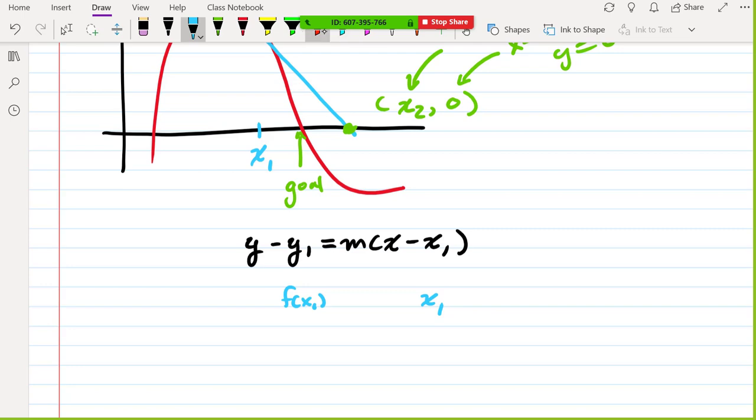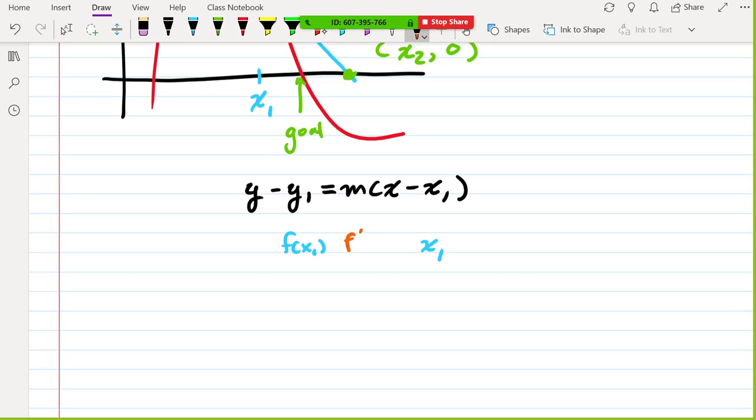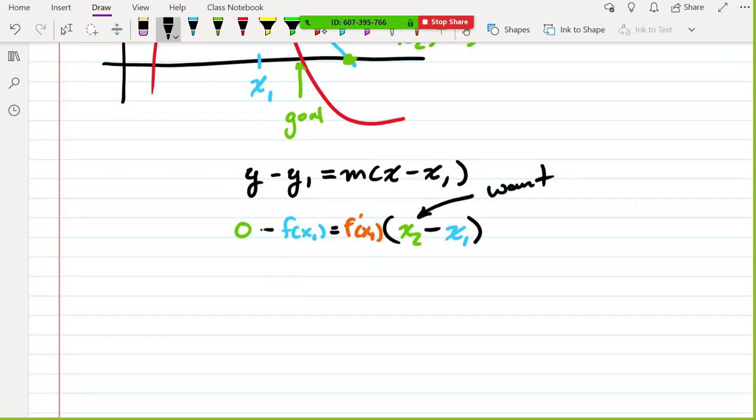We know our slope is going to be f prime, so this is going to be f prime of x1. And then we have our other point here, so we know our y value at this other point is 0, and we know that the x value, x2, is what we have right here. And remember, this is what we want. So we're going to solve that equation for x2.